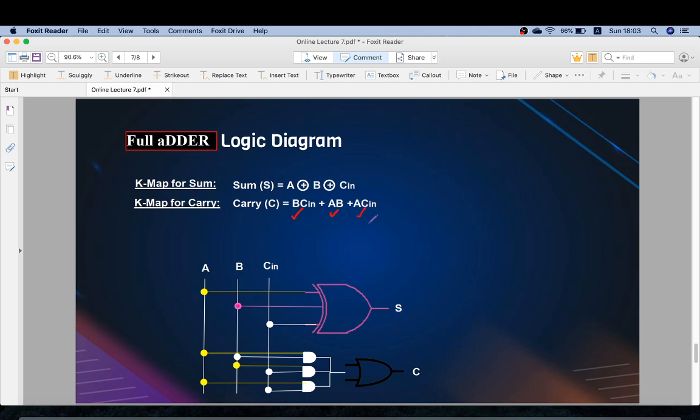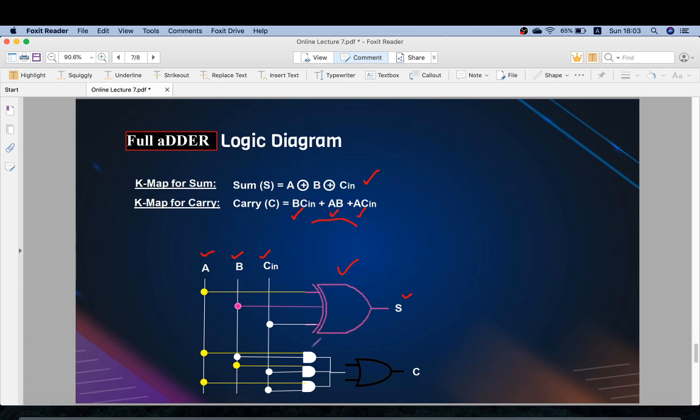So first of all we will use 3 AND gates, and then in order to sum them we will use an OR gate. So first we will use the XOR gate. This is the XOR gate with the 3 inputs A, B and C in, and the final output will be A XOR B XOR C in.